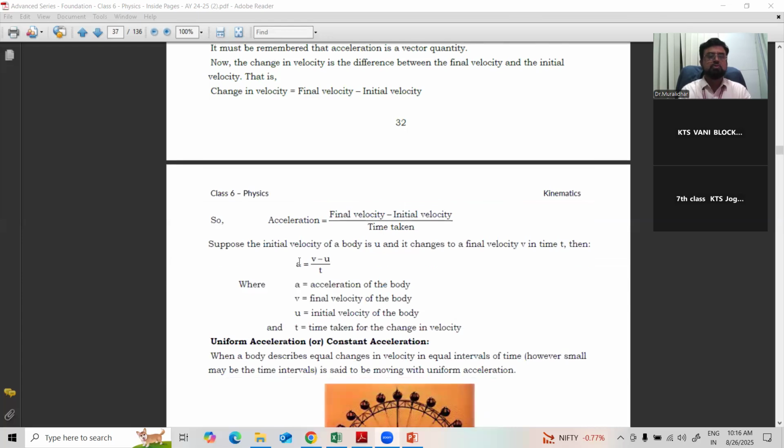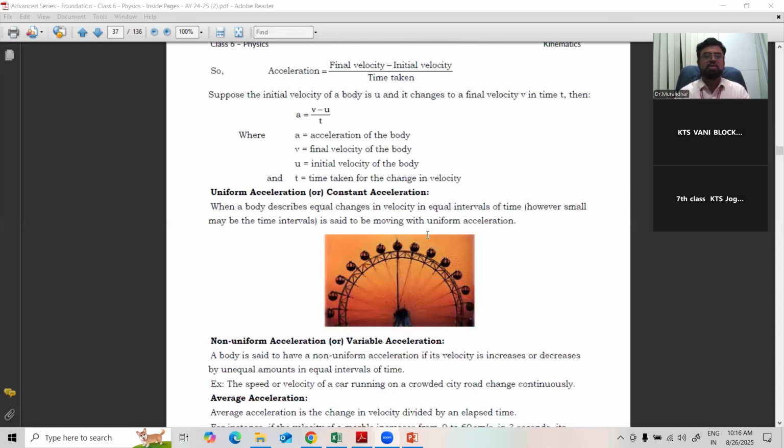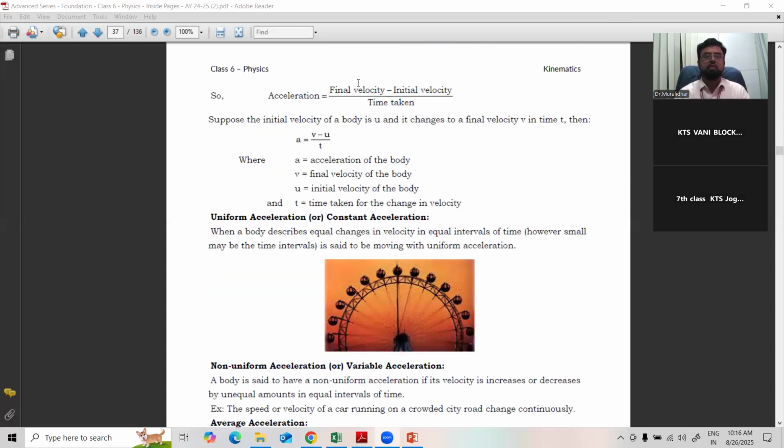So acceleration is nothing but final velocity minus initial velocity divided by time, V minus U by T, as I told already.